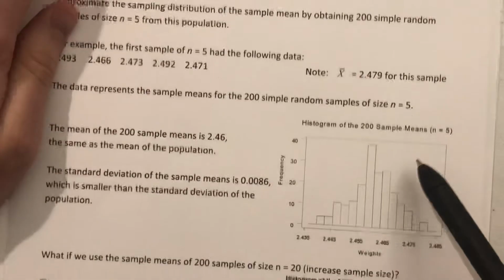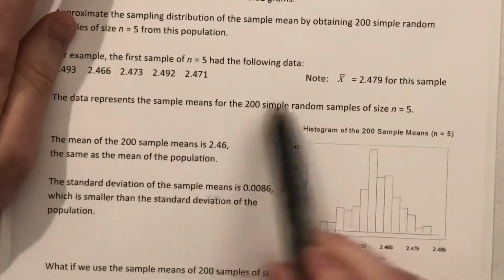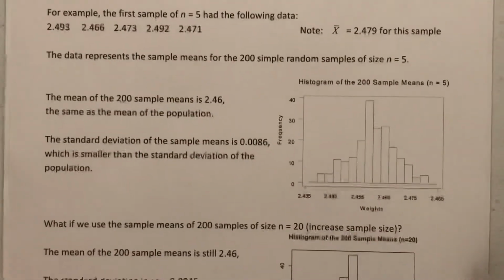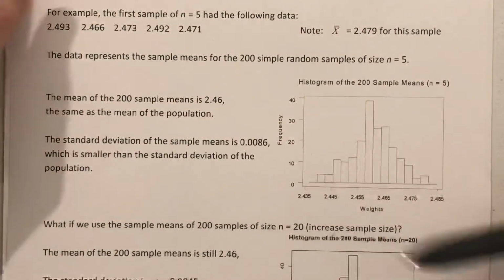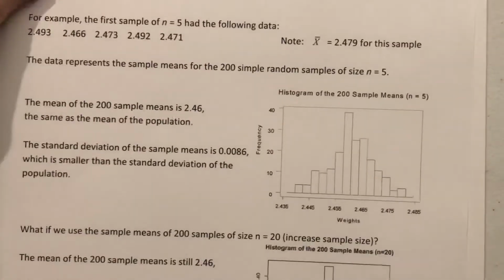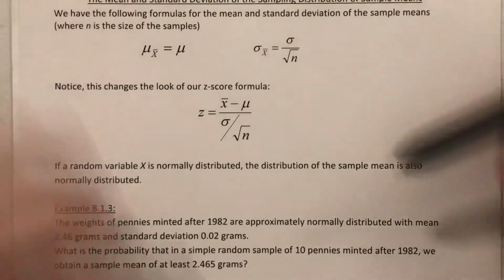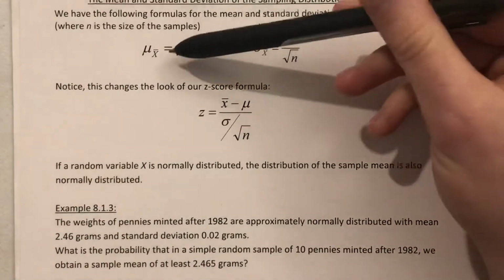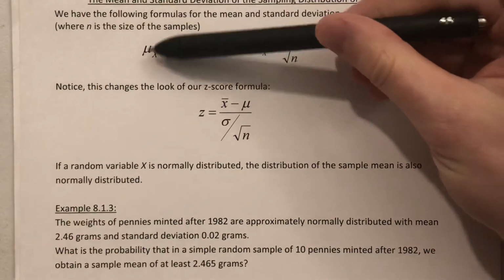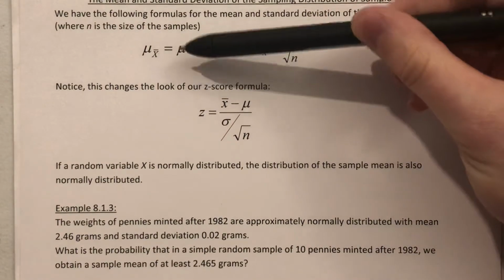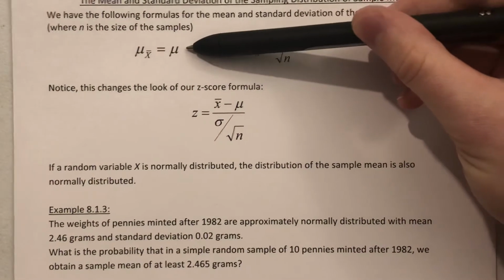So both the size of your sample and the number of samples we've seen are going to change the standard deviation for your sampling distribution. Now, to look at exactly how much it changes, we've got these formulas, or actually three. These two individually tell us that the mean of our sample means is still the same as the original population mean.